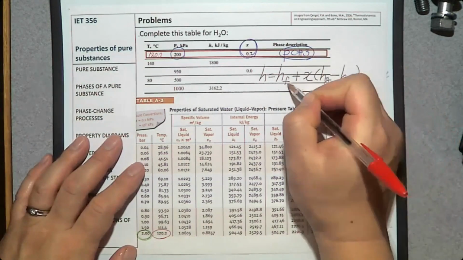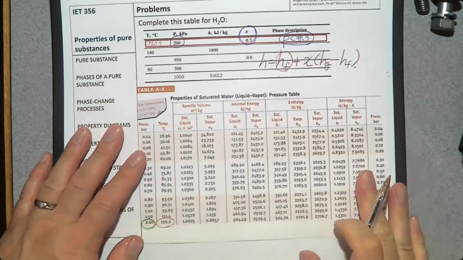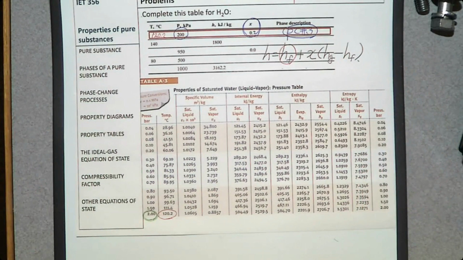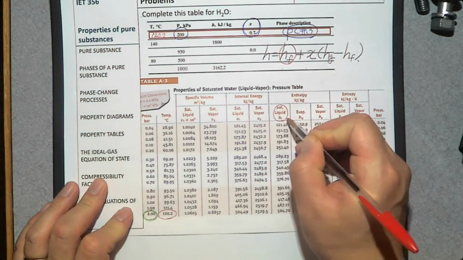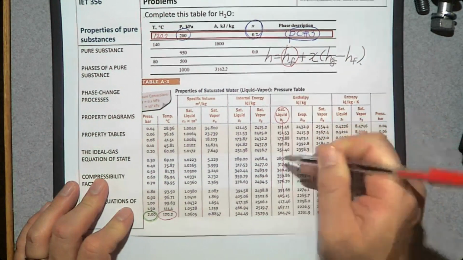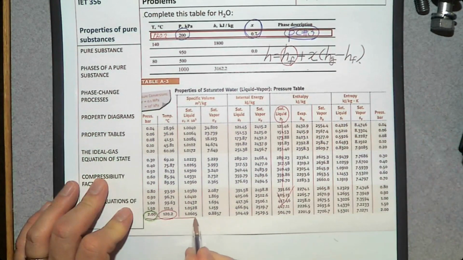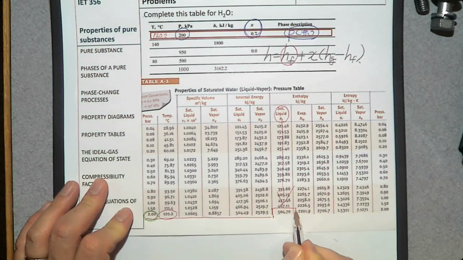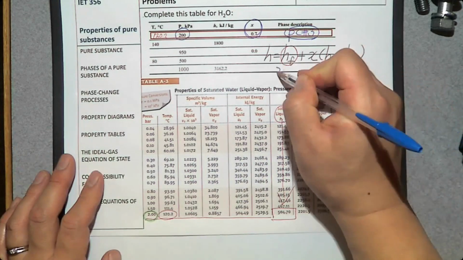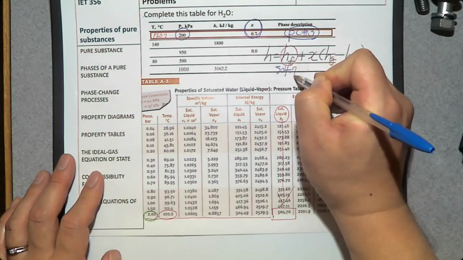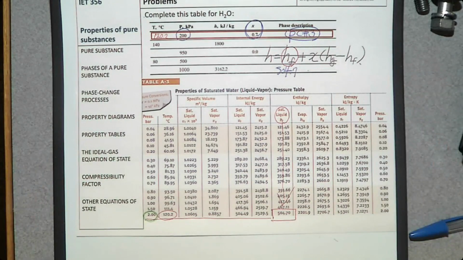Where is hf? You can find hf at 200 kilopascal. This is hf: 504.7. What about quality x? It's given, 0.7.